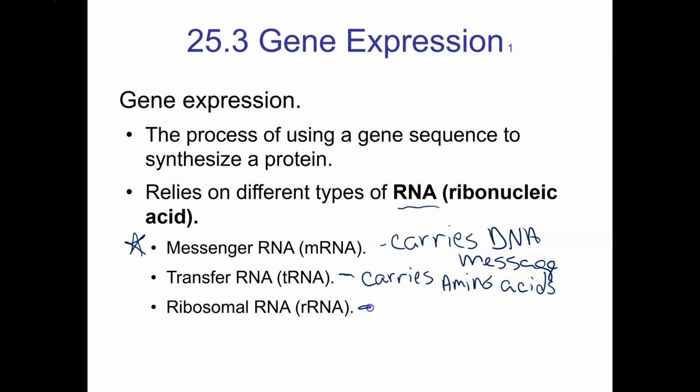And then ribosomal RNA is what actually produces proteins, or assembles the amino acids into a format that can fold up into a protein. So I'll just say produces proteins by allowing the assembly of amino acids. And I'm just going to put AA for amino acids.